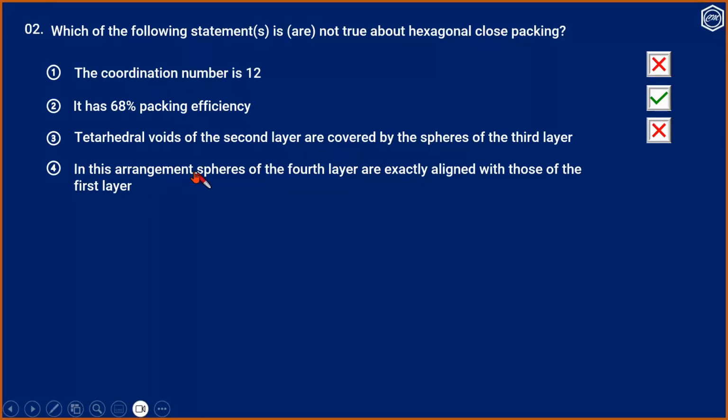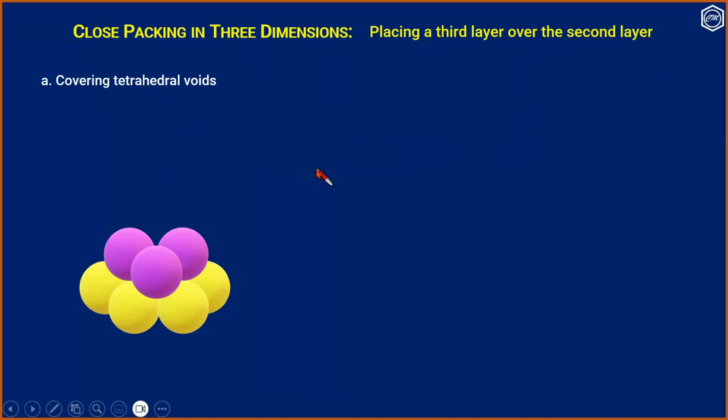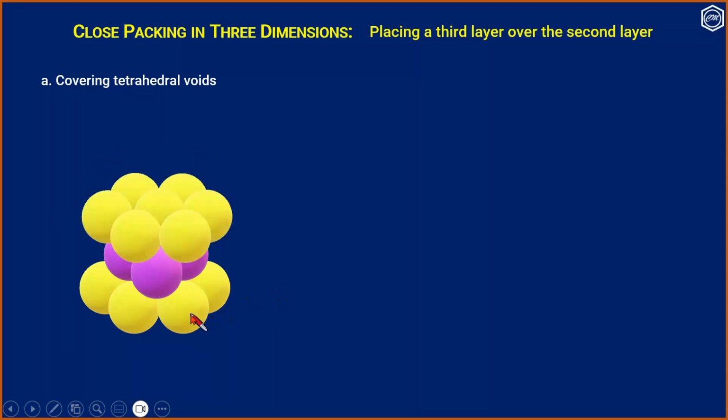Then the fourth one: in this arrangement, spheres of the fourth layer are exactly aligned with those of the first layer. So this is the first layer of atoms. Now the second layer, that is not aligned. This is the third layer.